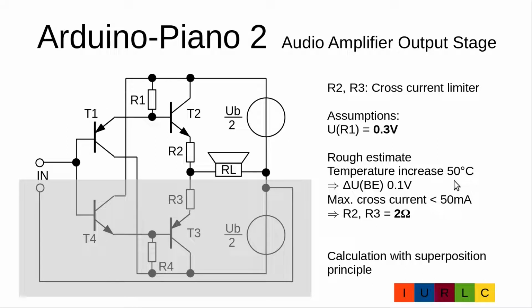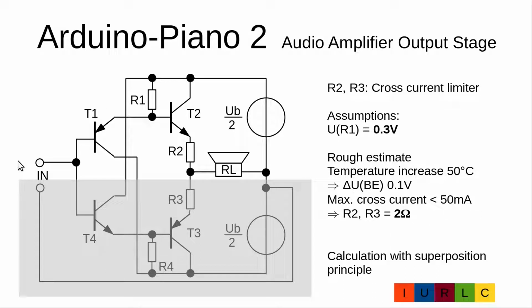So we can calculate with the 2 millivolt per degree Celsius a base-emitter diode difference voltage of maximum 0.1 volt. With this 0.1 volt and assumption that our cross current should be not bigger than 50 milliamp, we can calculate R2 and R3 to 2 ohm.